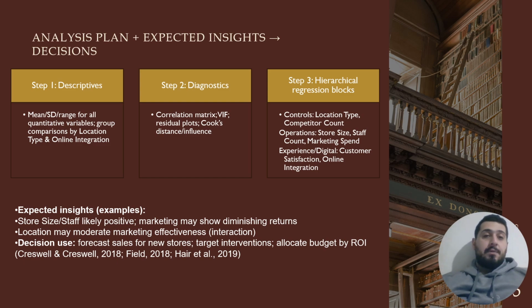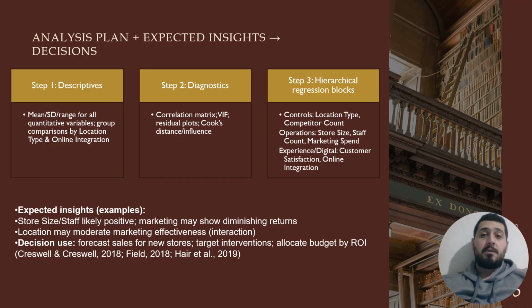Then I would run hierarchical regression in three blocks. First, contextual controls, then operational levers, and finally customer and digital factors. In expected insight, I anticipate positive relationships for store size and staffing, but marketing may have diminishing returns, and the effect of marketing may differ by location type.